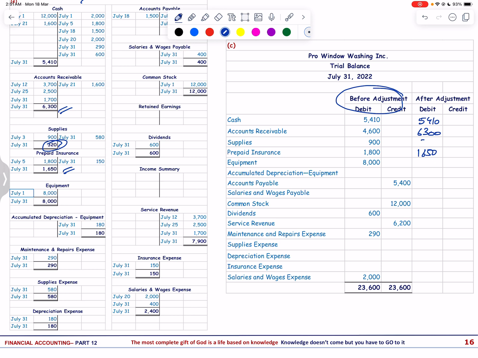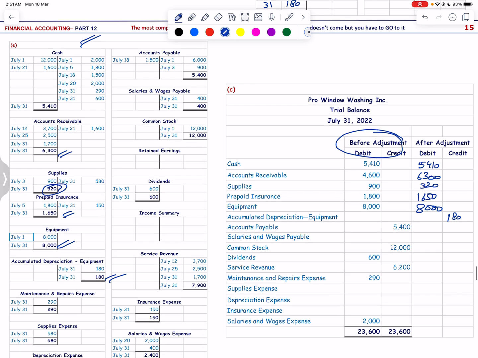We have accumulated depreciation 180. Then we have accounts payable, and accounts payable is 5,400. Then we have salaries and wages payable, and salaries and wages payable is 400. Then we have common stock 12,000.